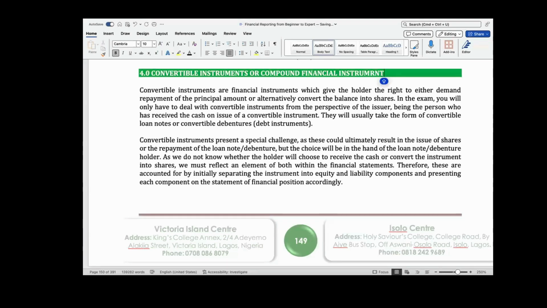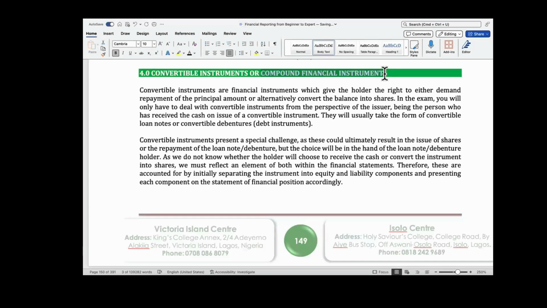You remember that clearly, the one I gave you assignments on. So you will find out that there are some instruments you will issue that will make you have both equity and liability. And in one of the assignments I gave you, one of the solutions is a compound financial instrument.